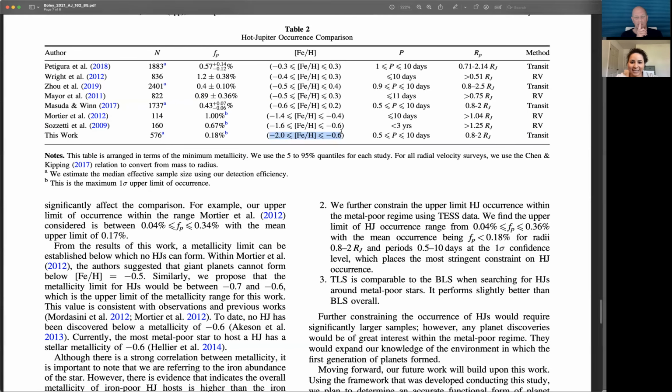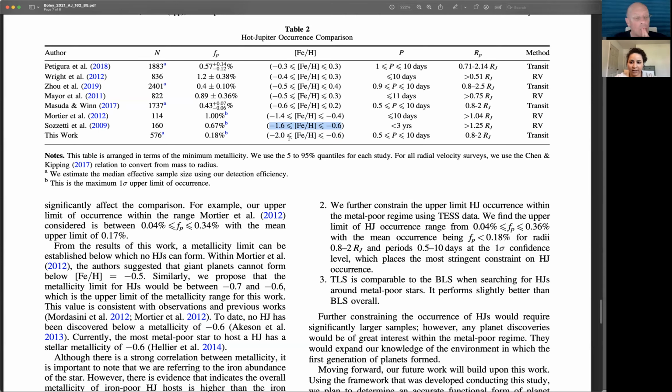You can kind of just see the metallicities go down a bit. But even the ones that we can directly compare to, the Mortier et al. 2012, as well as the Sozzetti et al. 2009, we still have a lower metallicity range. So this was a really interesting thing to look at.